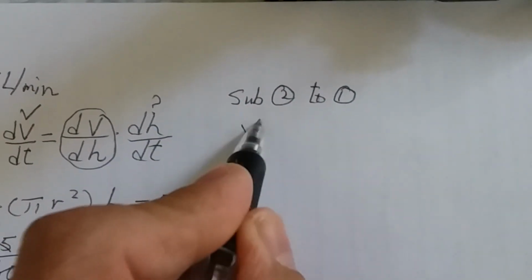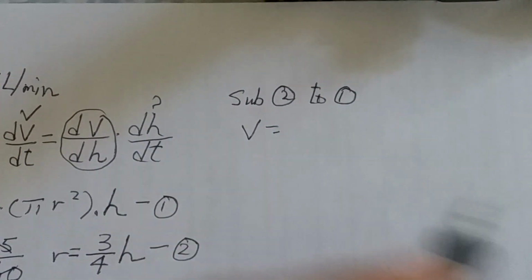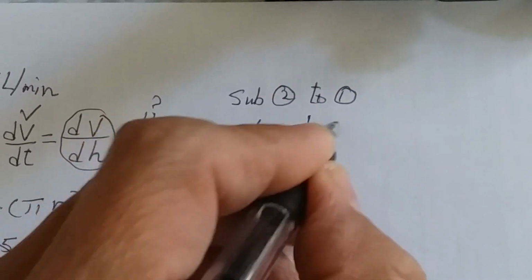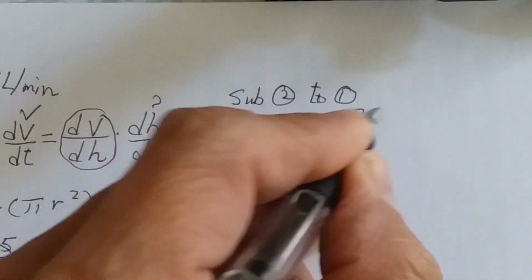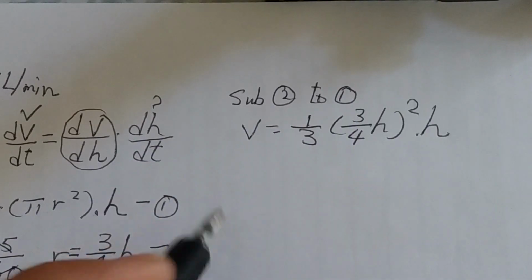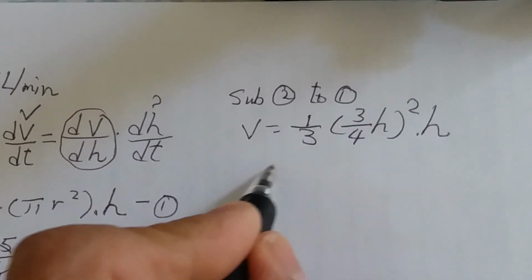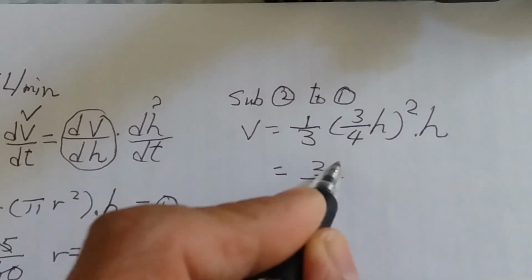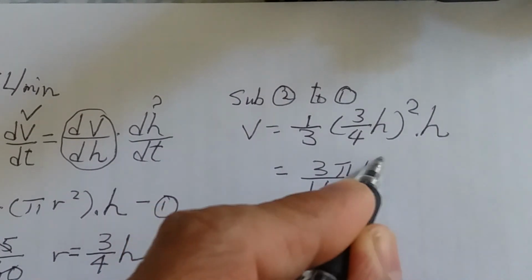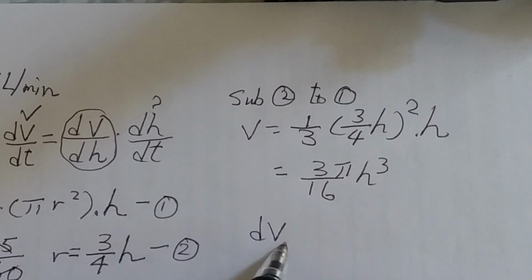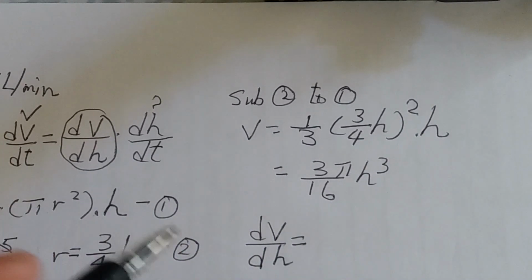So I have V equals a third pi of 3/4 h squared times h. So I can rewrite it in the form of h cubed. Okay, so now I can differentiate dV upon dh.